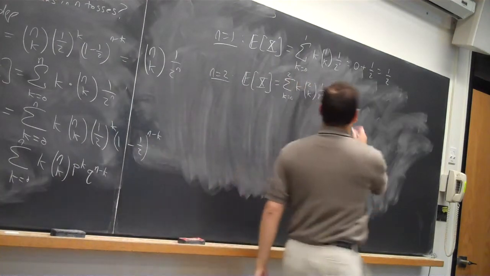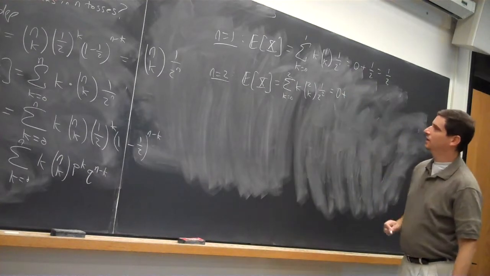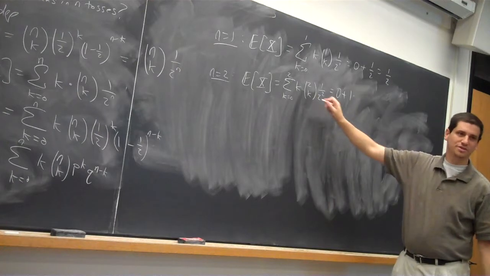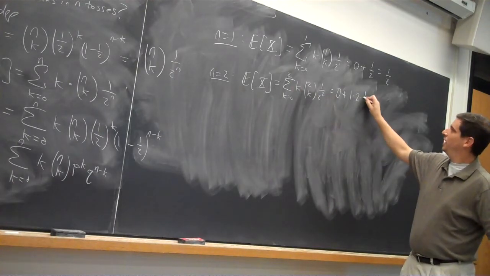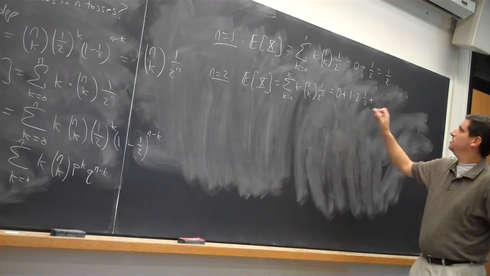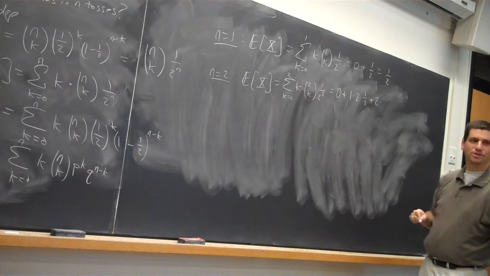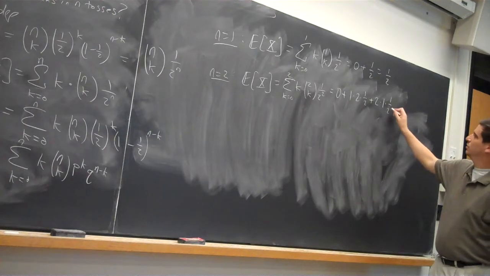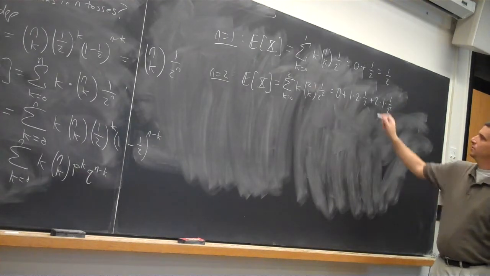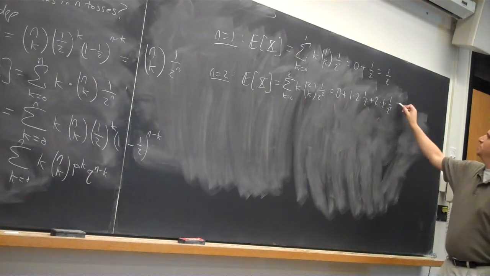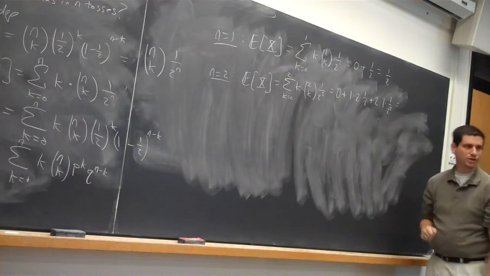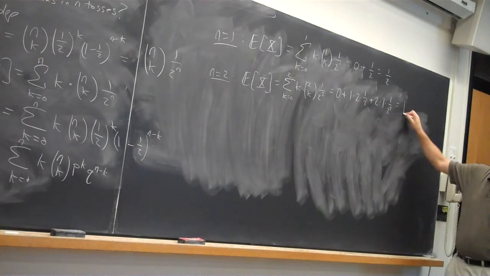No. I'll still write 0 because I'm pedantic. 1 times 2 choose 1 times 1/2 plus, now when k is 2, 2 choose 2, 1 times 1 over 2 squared. And what does this equal? So I've got a fourth, 2 plus 2 is 4, this equals 1.